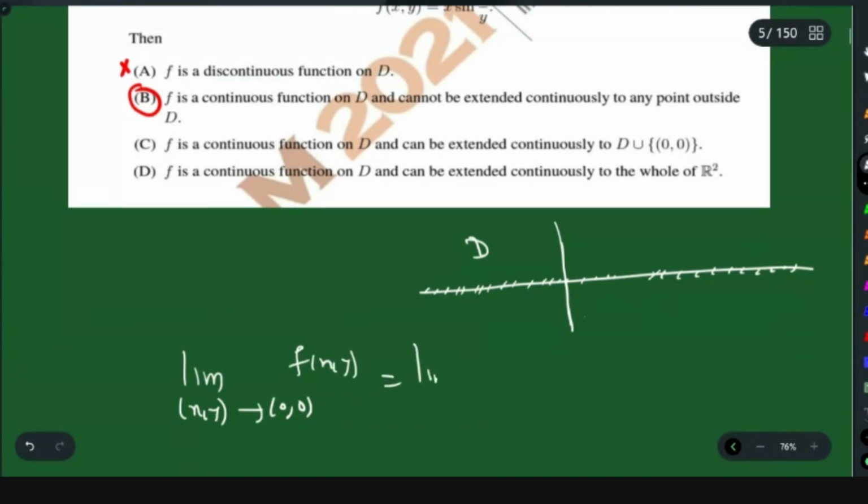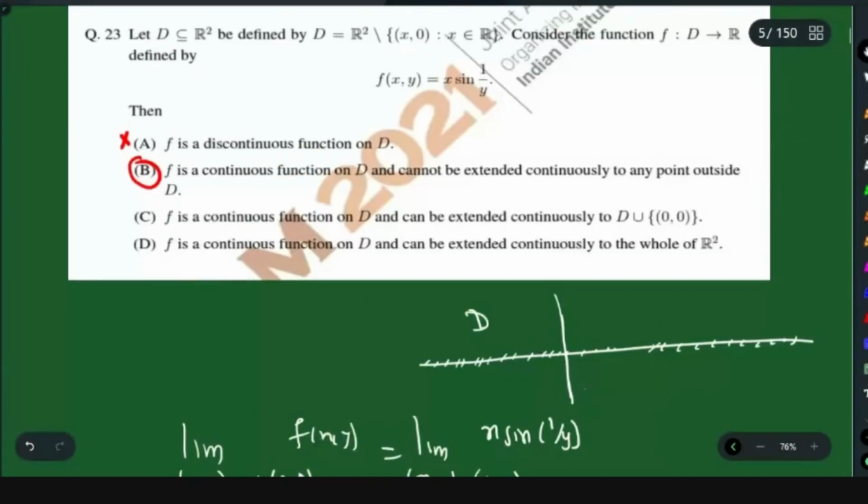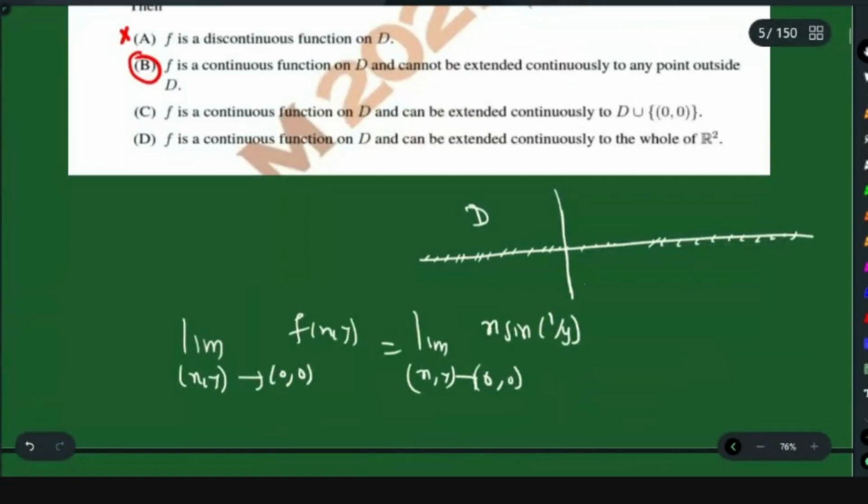What is it? Limit as (x, y) tends to (0, 0) of x sine 1 by y. So how do you check it? x into sine 1 by y.